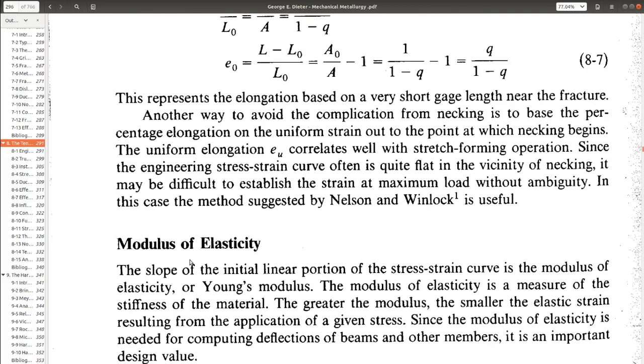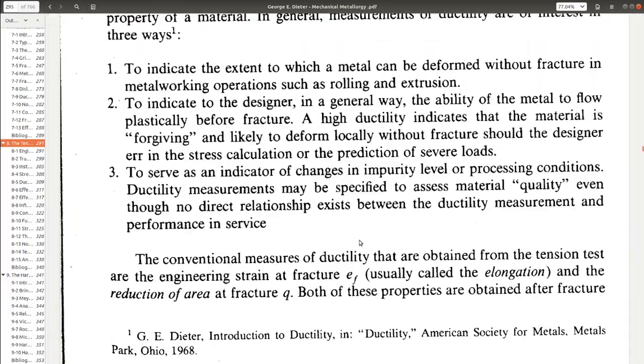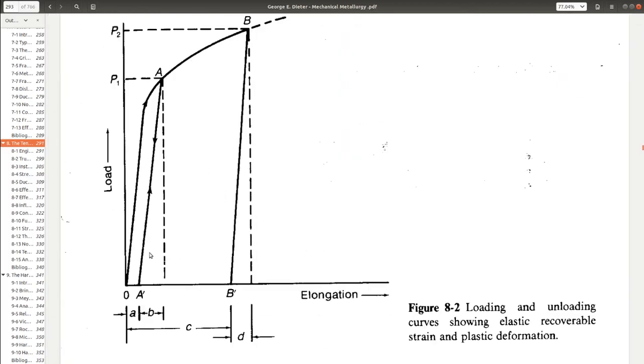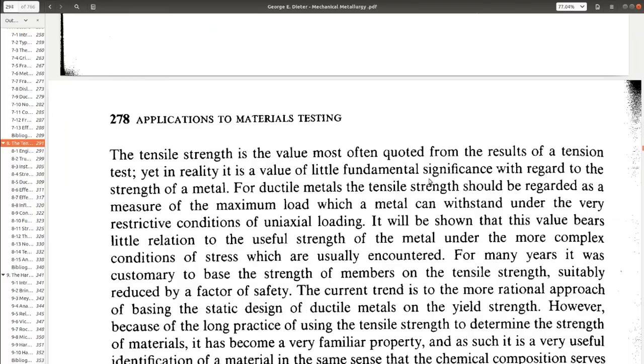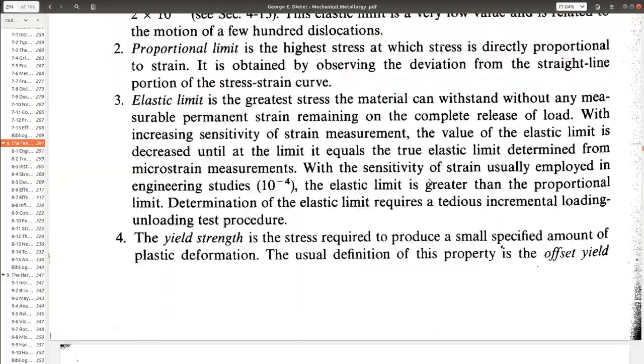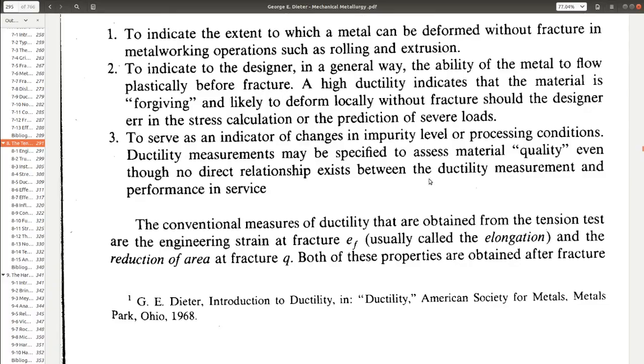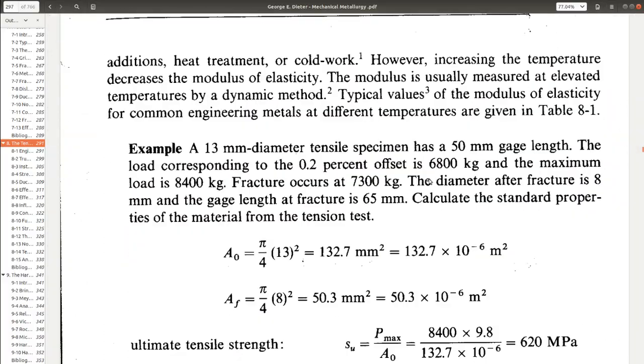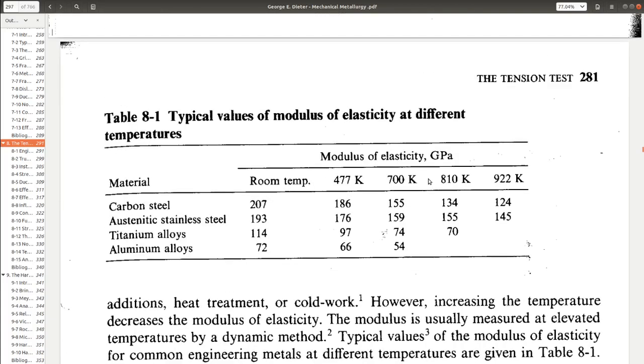And another one is Young's modulus, or modulus of elasticity. That modulus of elasticity, I mean, that's well known, which is nothing but the slope of this elastic region. So that's actually the stress by strain.